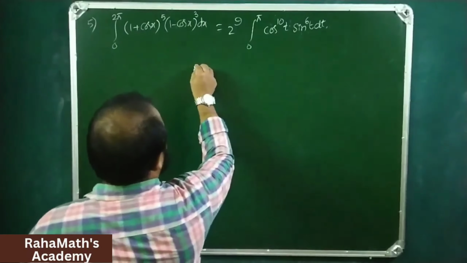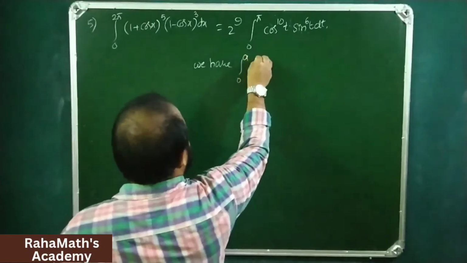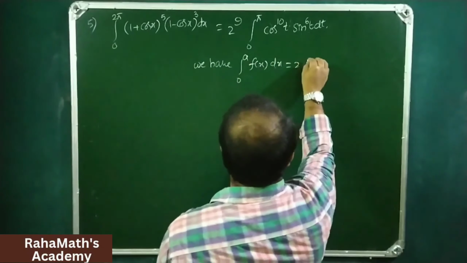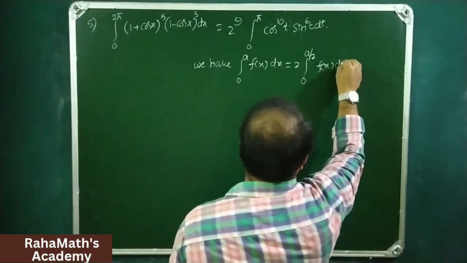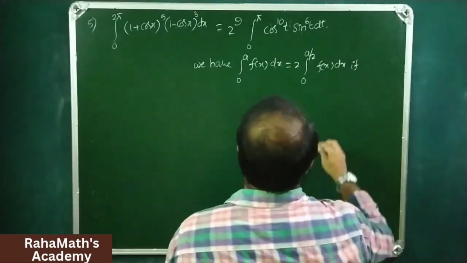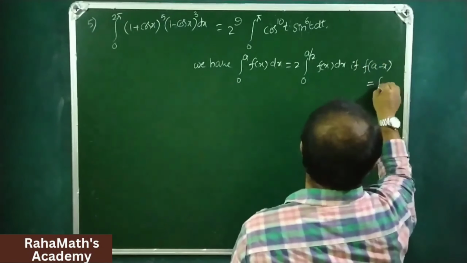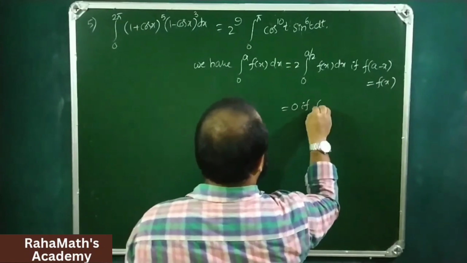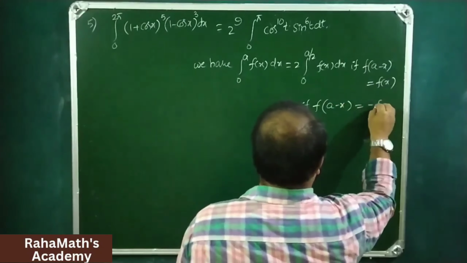So we have integral 0 to a f of x dx is equals to 2 integral 0 to a by 2 f of x dx if f of a minus x is equals to f of x, and the value is 0 if f of upper limit minus x is equals to minus f of x.